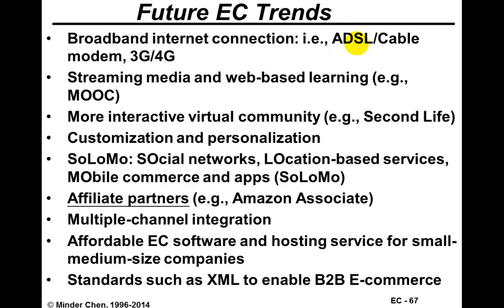Last but not least, we're going to talk about a few future trends in e-commerce. First, a lot of people are going to be getting a broadband internet connection like ADSL, cable modem, or even optical fiber connection at home, or use the wireless 3G or 4G network to be always on.